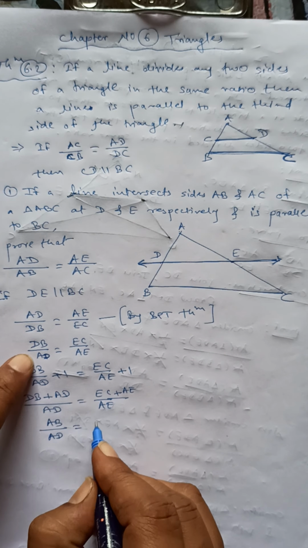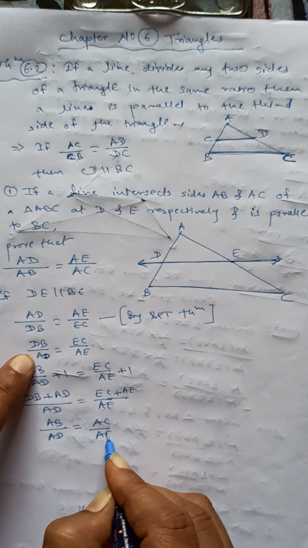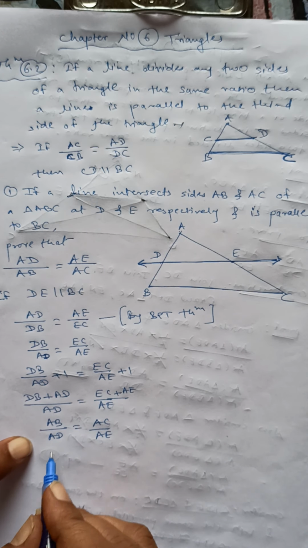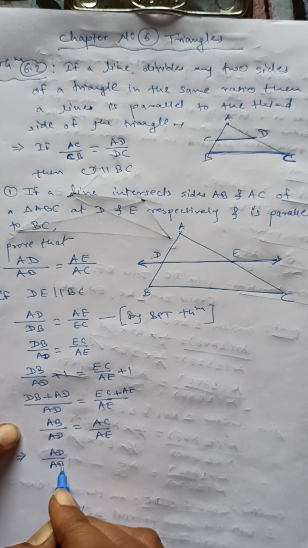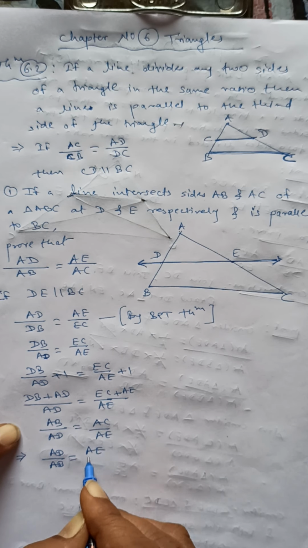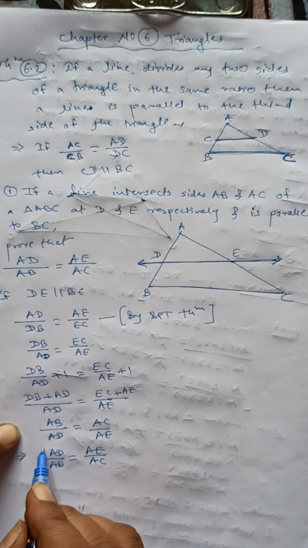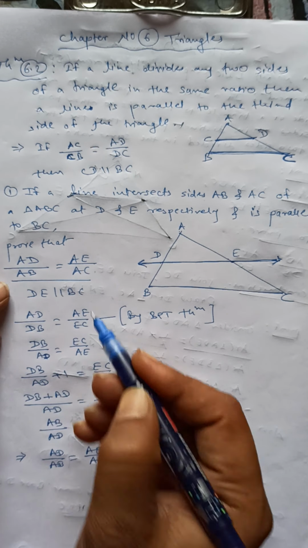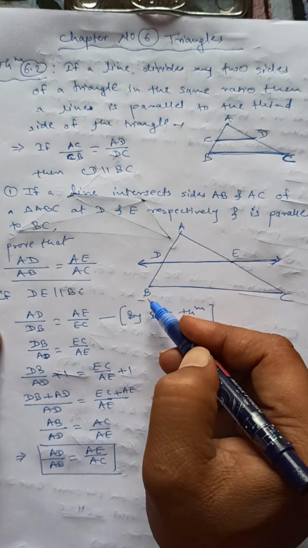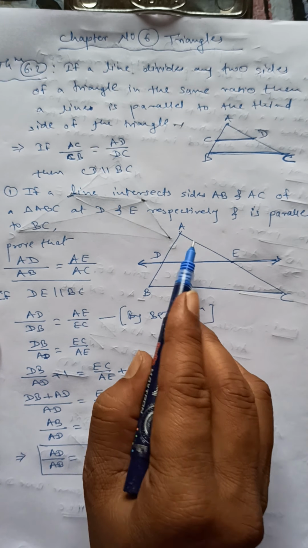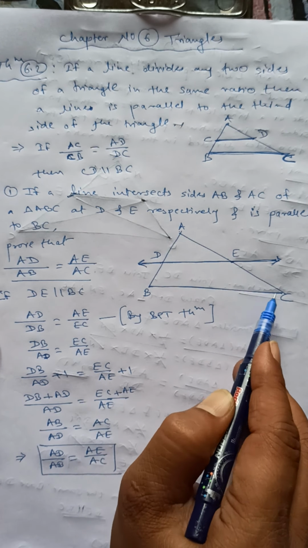EC plus AE is AC. So AC upon AE. Again take the reverse ratio of this. If I take the reverse ratio, AD upon AB is equal to AE upon AC. So I got this proof here.